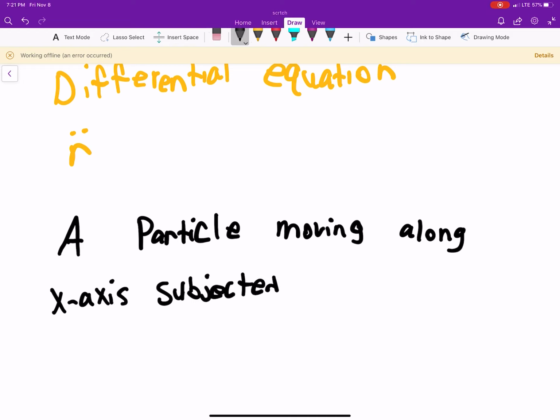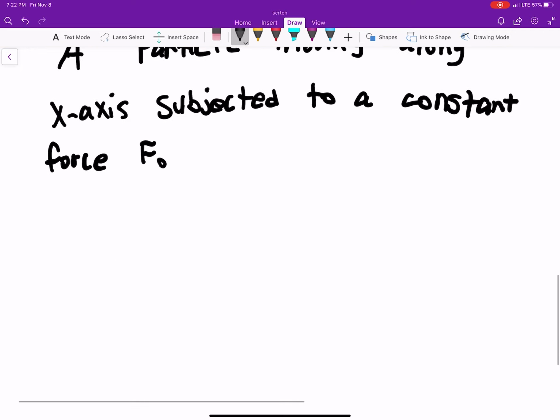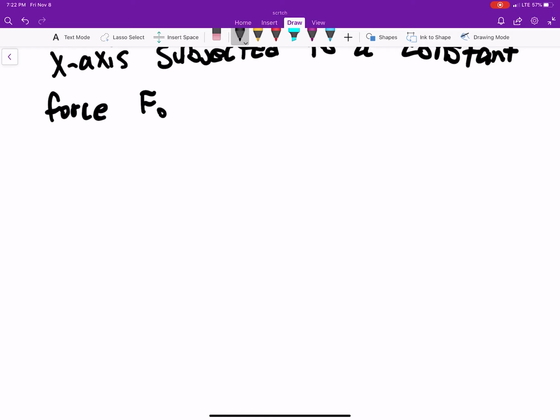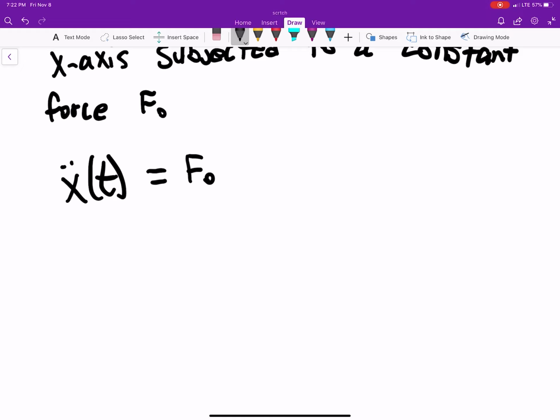Subjected to a constant, so this is an easy example, force F naught. And we'll do a lot more complicated examples, but I just want to get you guys introduced to this. So what do we have?